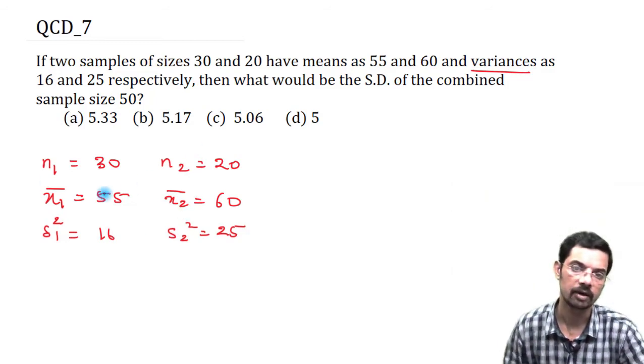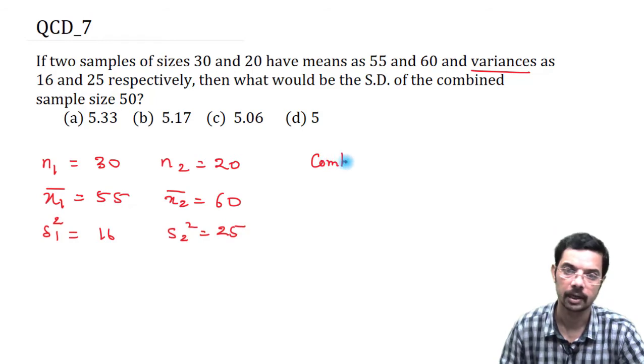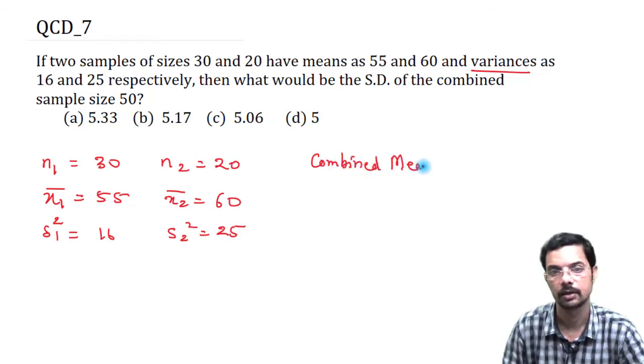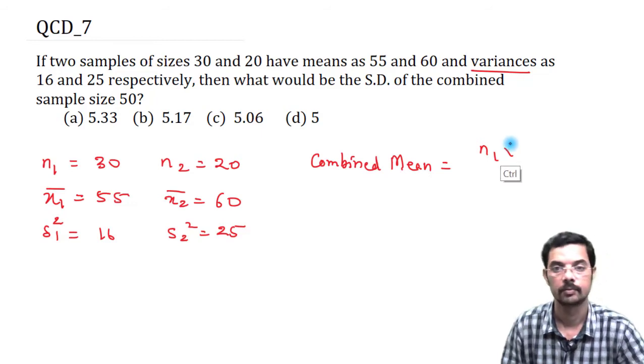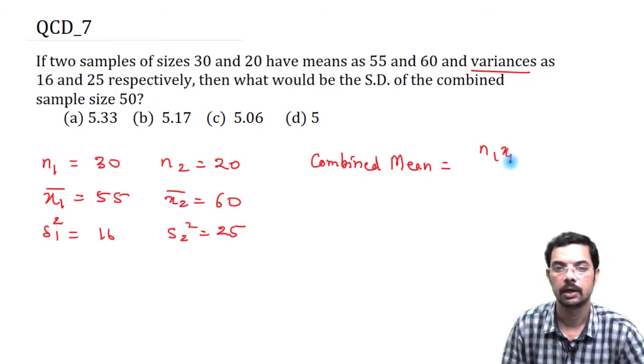Now we have the combined mean. How to find the combined mean? Formula is n1 into x1 bar plus n2 into x2 bar divided by n1 plus n2.